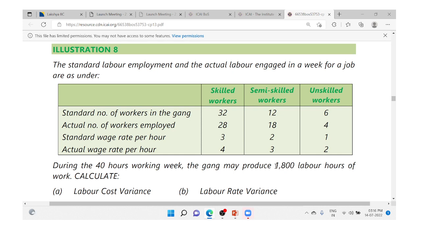Let others also do it. How did you get that, Ahan? 32 into 40, is it? Okay. No, Ahan, that is not a correct answer. I'll tell you why that's not a correct answer. I'll tell you soon.